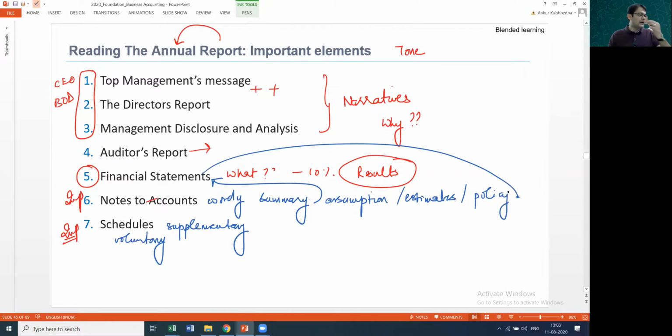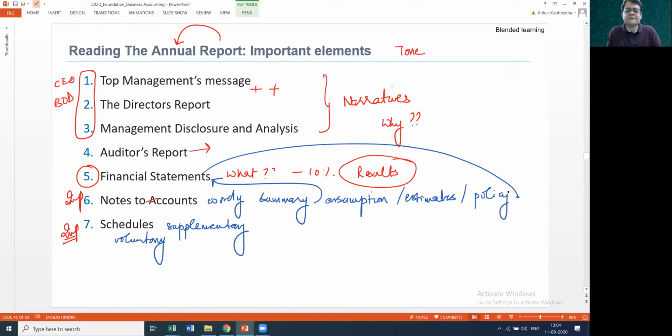So imagine, I'm just kind of jumping the gun, by telling you that inventory could be valued as per weighted average and FIFO. You don't have to worry about what these are right now, but just understand that these are two different methods. Now, as a reader of a statement, I need to know whether the results I am reading are as per first in, first out, or as per weighted average.